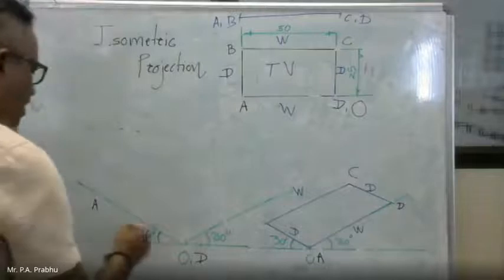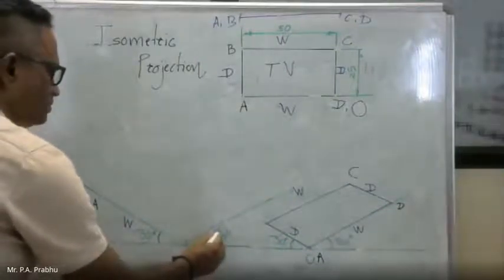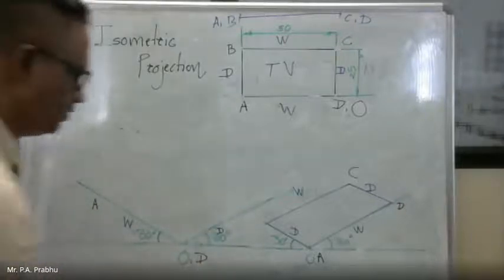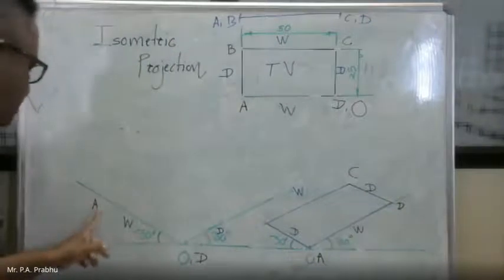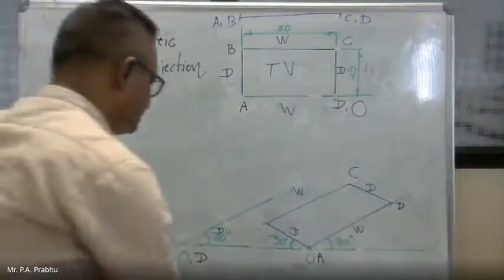So I have marked the width dimension on the left side and the depth on my right side. Then I have marked three points, A, D, and this point is C.